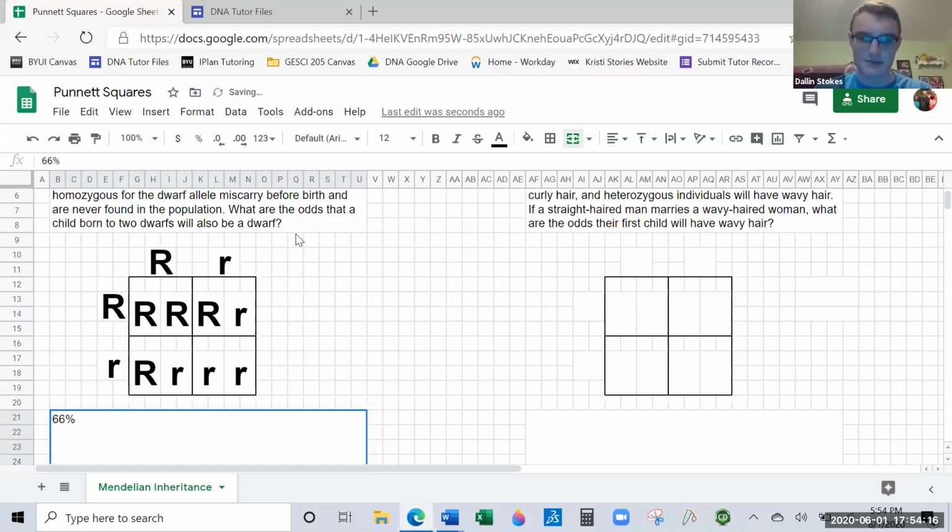And so the answer here is 66% because for children that are born, there is a 2/3 chance that they will have achondroplasia. Because that last quarter, they're dead, they're not born, so they're disqualified. So there are only 3 boxes that matter.